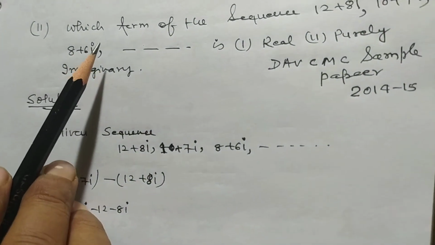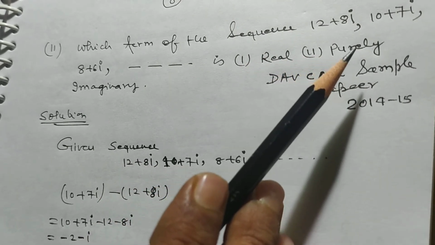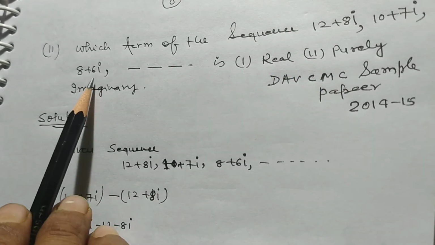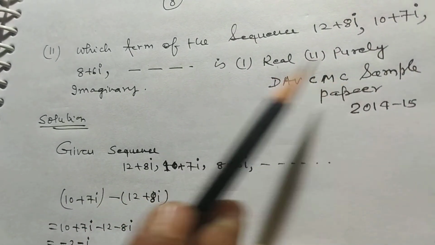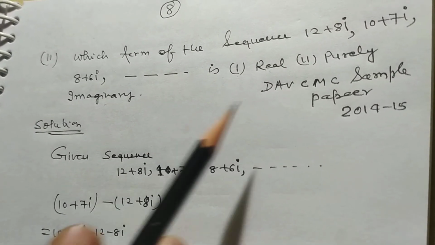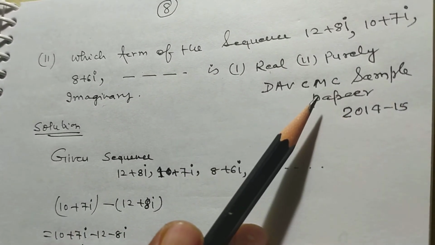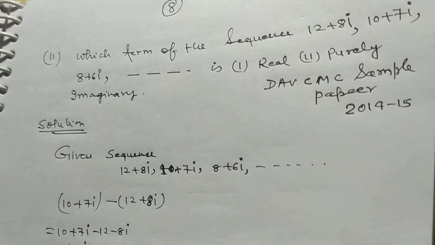Now problem number 8. Which term of the sequence 12 plus 8i, 10 plus 7i, 8 plus 6i and so on is real, purely imaginary? This problem is from the DAV CMC sample paper 2014-15.